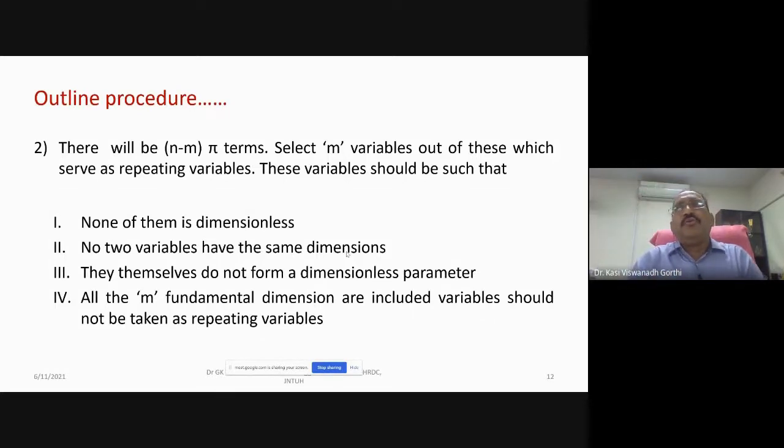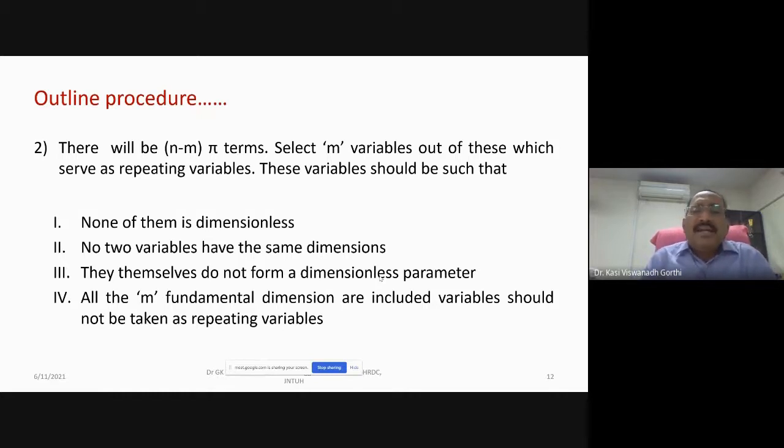You cannot choose both diameter as well as head as repeating variables. You can choose only one among them. Similarly, the repeating variables themselves should not form a dimensionless parameter. You should not choose something like speed, with dimension T to the power minus 1, and time T, as repeating variables.